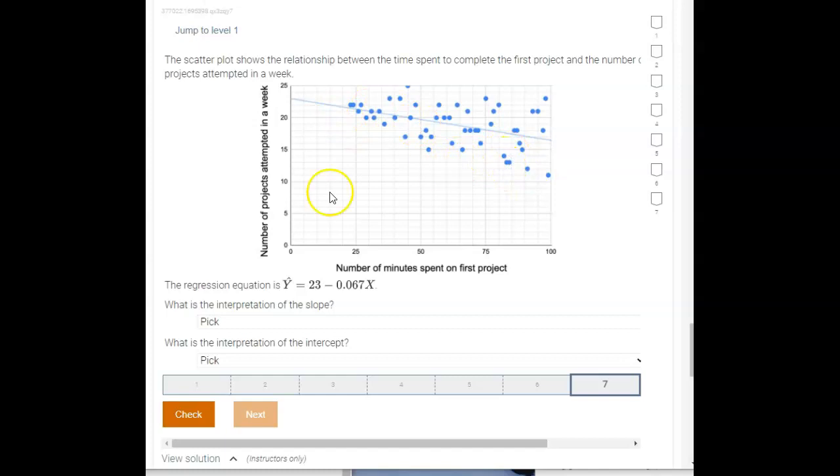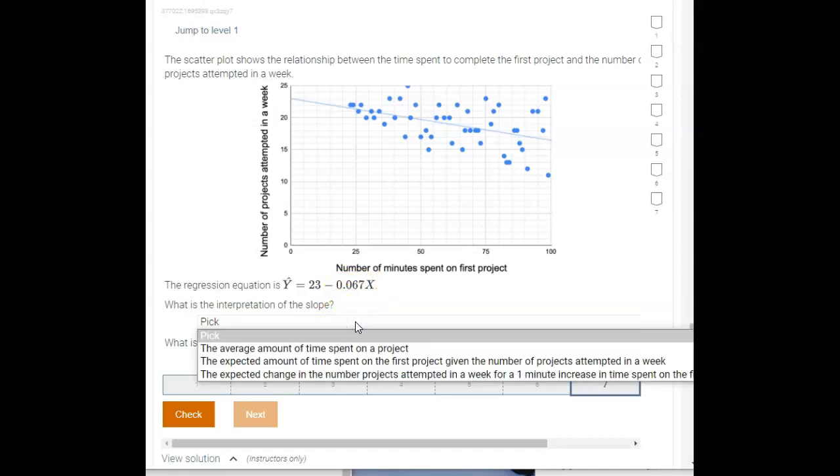So slope, always showing how much we expect y to change when x changes by 1. In this case, x changing by 1 would mean you spent 1 additional minute on that first project, and how many fewer projects do we expect you to attempt then? And it's 0.067 fewer projects for every additional minute you spend working on that first project.